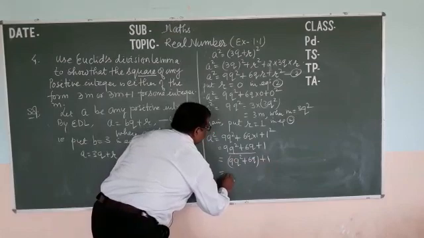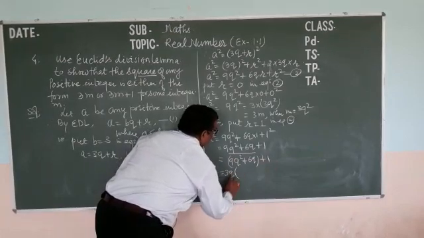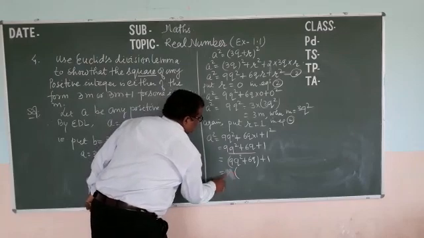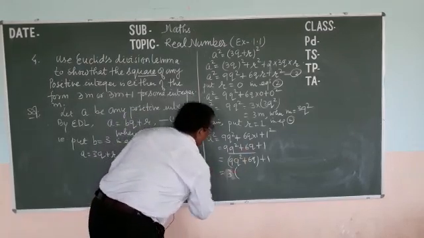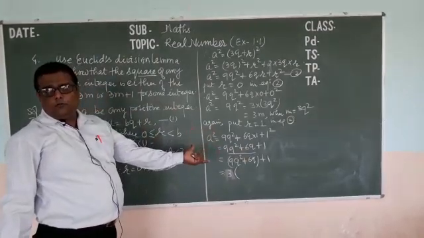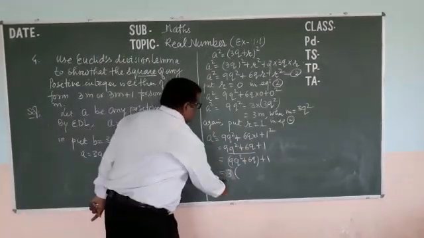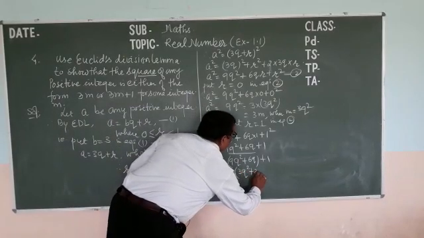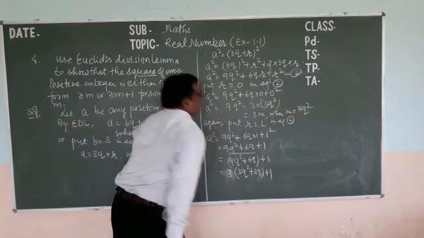Now 9q square plus 6q plus 1. Take 3 as common, only 3, not q, because we need only 3m. Whatever remains we will take as m. So here what remains is 3q square plus 2q, and plus 1.